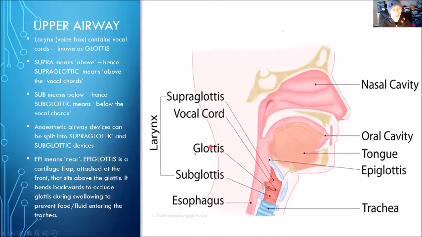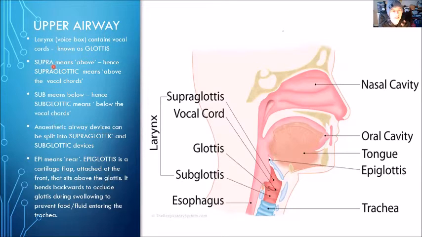So the term glottis is important for us because from that particular place in our airway, the terminology for some of the airway devices is derived. So we have got additional terms here on the left.